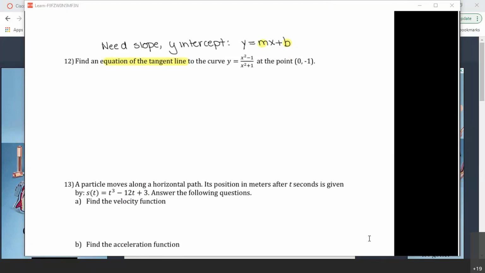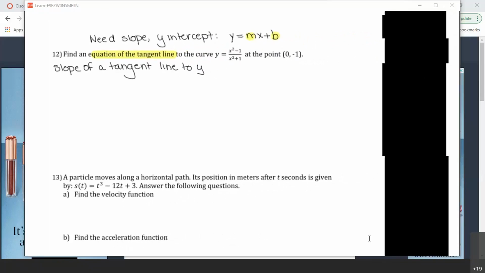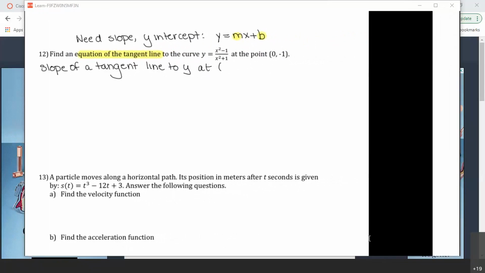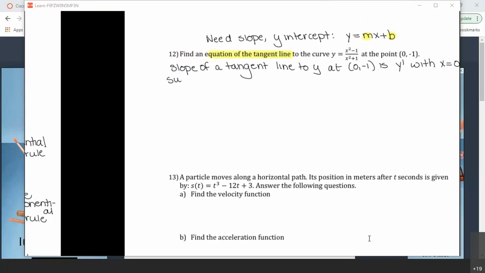Right, okay. So what you want to remember is the slope of a tangent line to y at (0, -1) is y prime with x equals 0 substituted in.